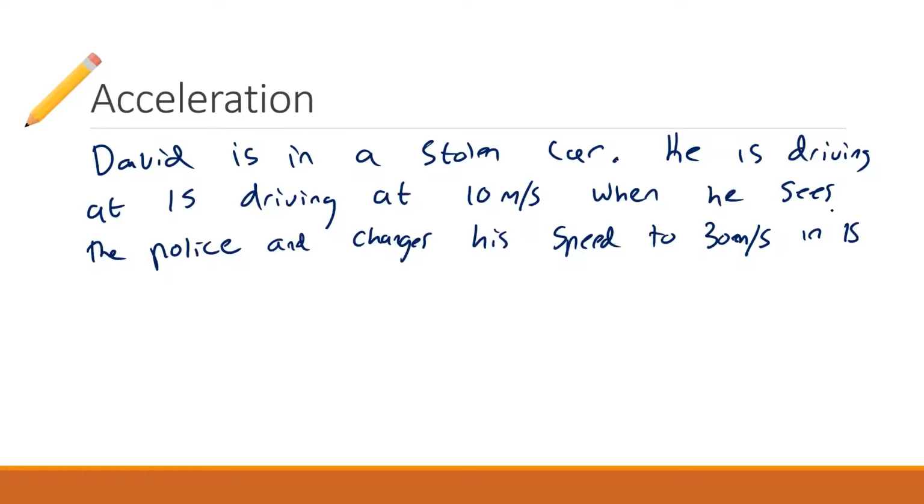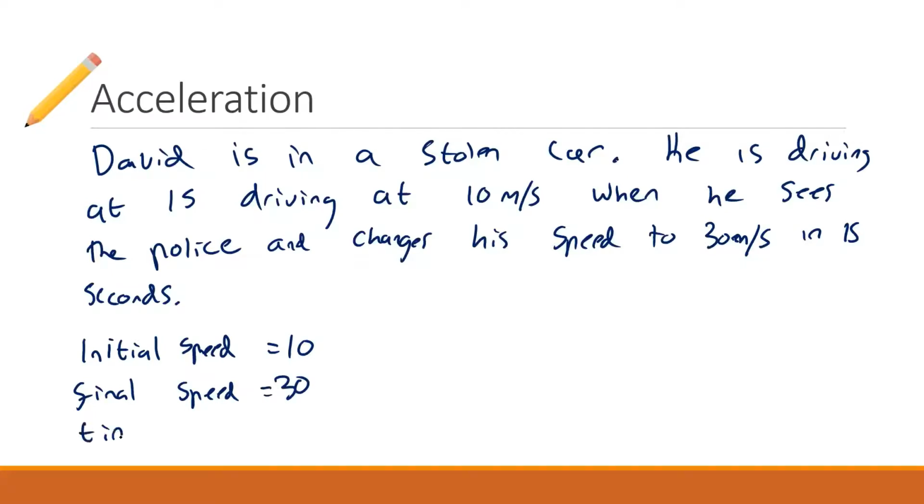In 15 seconds. Okay, you know he's not driving a sports car. Okay, let's solve this. First thing, can you guys tell me what is David's initial speed? 10 meters. What is his final speed? 30 meters.